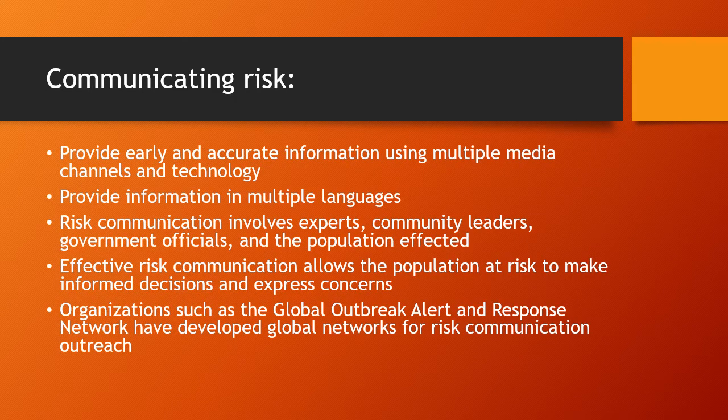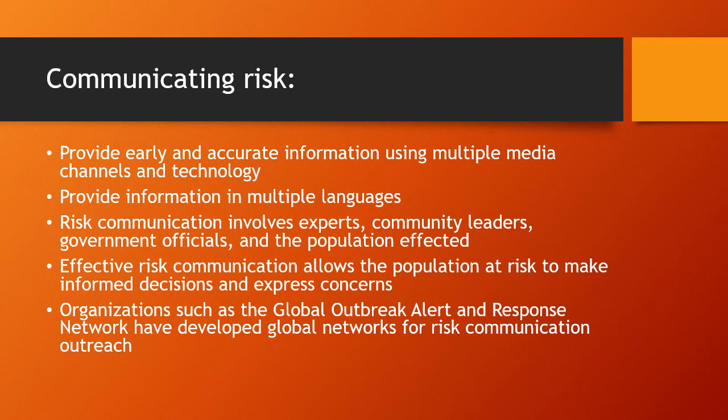Communicating risk is an important part of planning for a pandemic. This involves providing early and accurate information using multiple media channels and technology. The information should always be provided in multiple languages to make sure that everybody has access to the information.